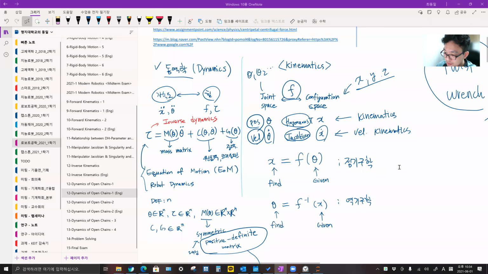If the theta joint space variable is given and we find x, this is forward kinematics.